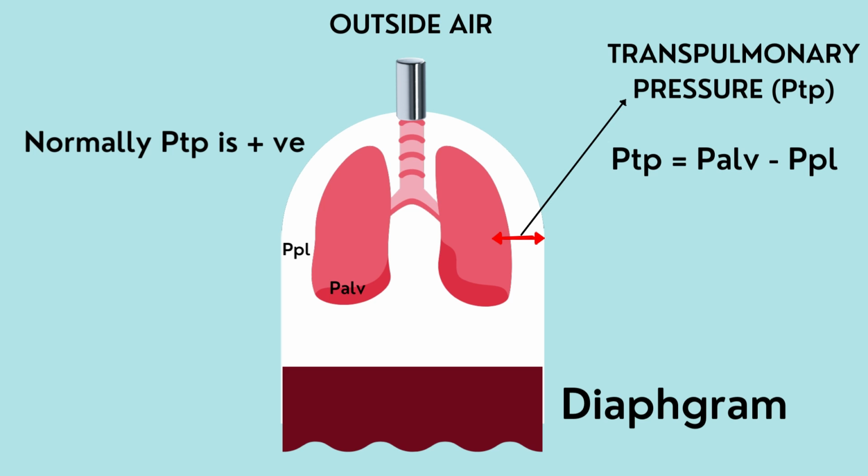So the bigger in size the lung will be, and there will be more elastic recoil, the recoil pressure also will be more. When you think about this according to the equation, you can understand why the recoil pressure will be more, because the value is the same as that of the transpulmonary pressure. So the more the transpulmonary pressure, the more the recoil pressure.